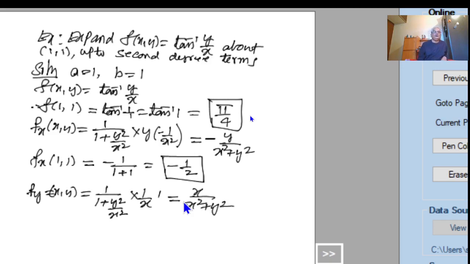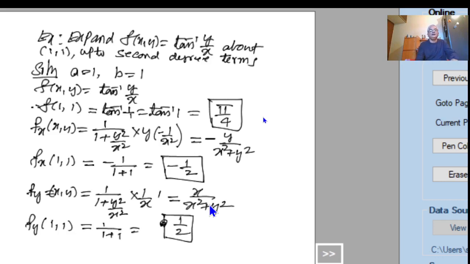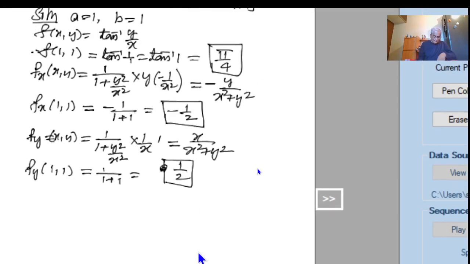Okay, now at the point 1 comma 1, fy at the point 1 comma 1 is equal to, substituting x equal to 1, y equal to 1, 1 by 1 plus 1. This is equal to 1 by 2. Right? This is fy. Then we go for the second derivatives.